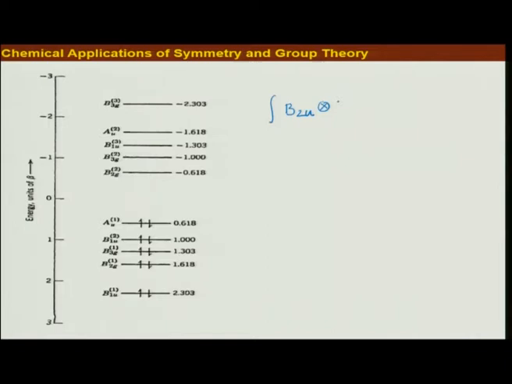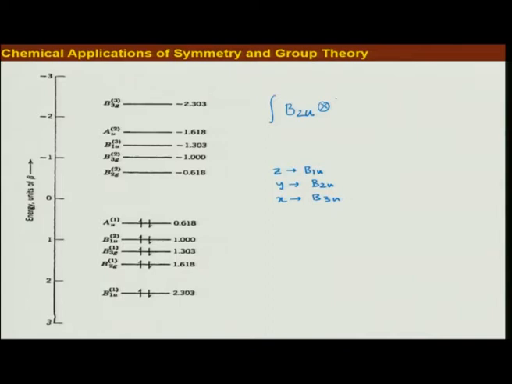So if you look at the character table for D2H, you will see that Z transforms as B1U, Y transforms as B2U, while X transforms as B3U. Okay, these are the irreducible representations.